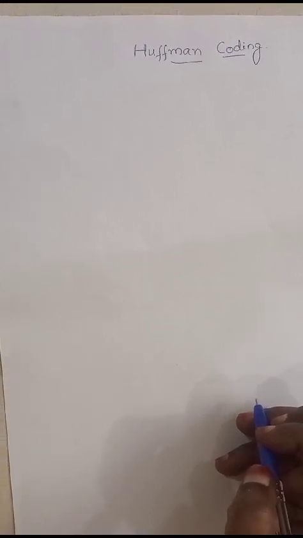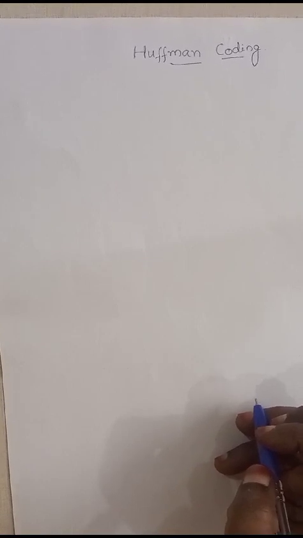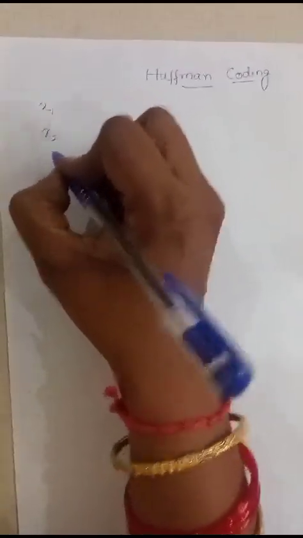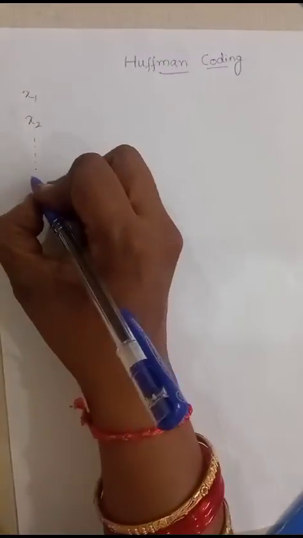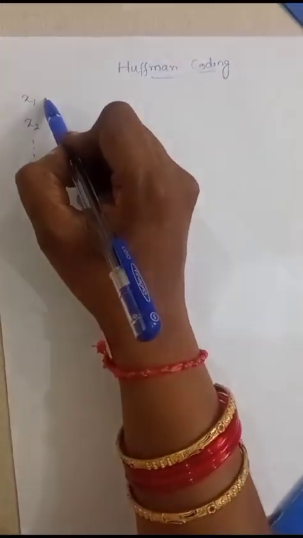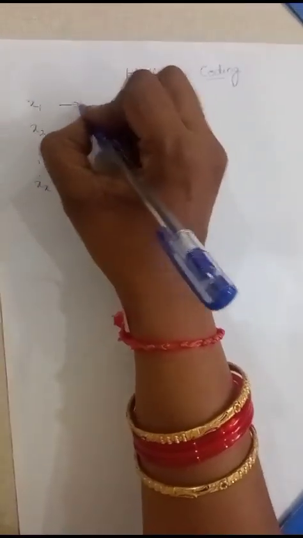So if we are transmitting some x symbols, say x1, x2 and so on, for every symbol we will have a probability.